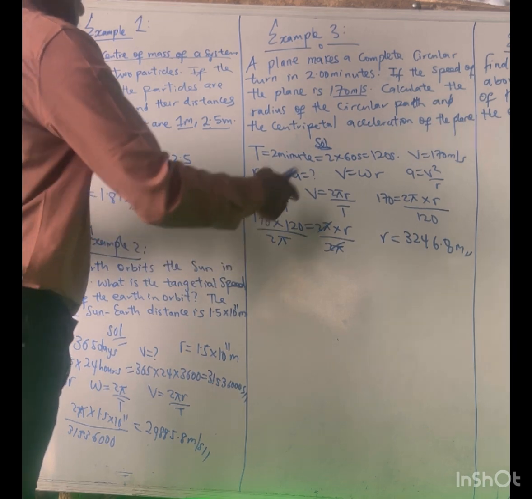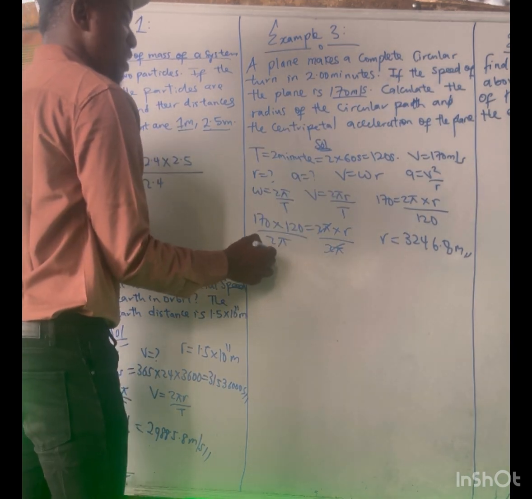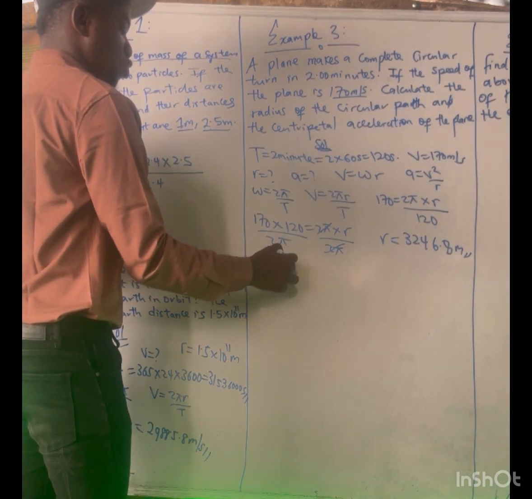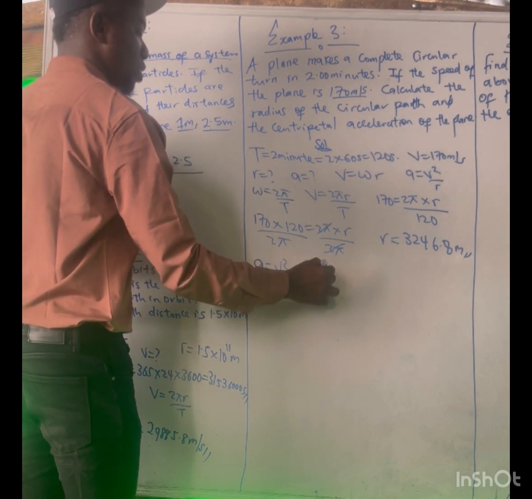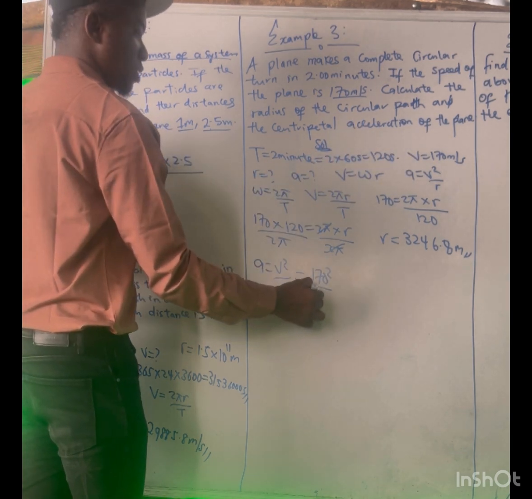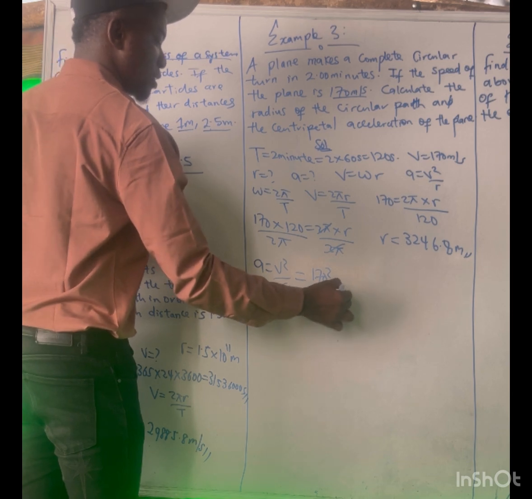So now I have to calculate my A. My A will just be V squared over R. Since my V is given as 170, that is 170 squared, and my R is 3246.8.